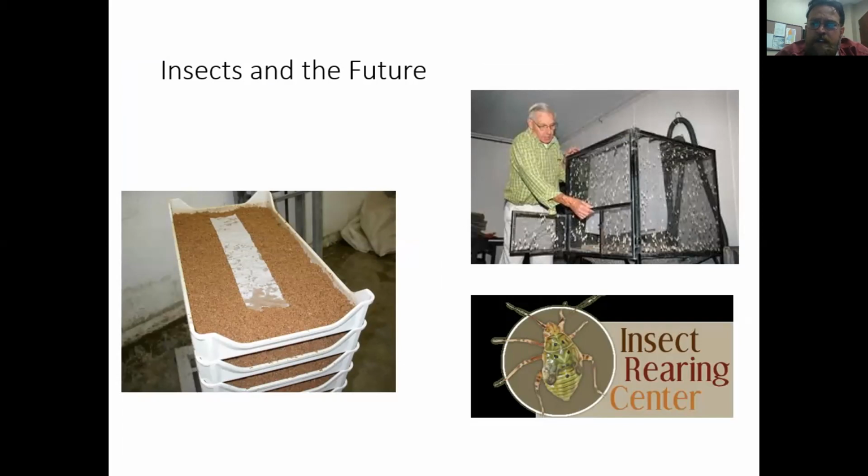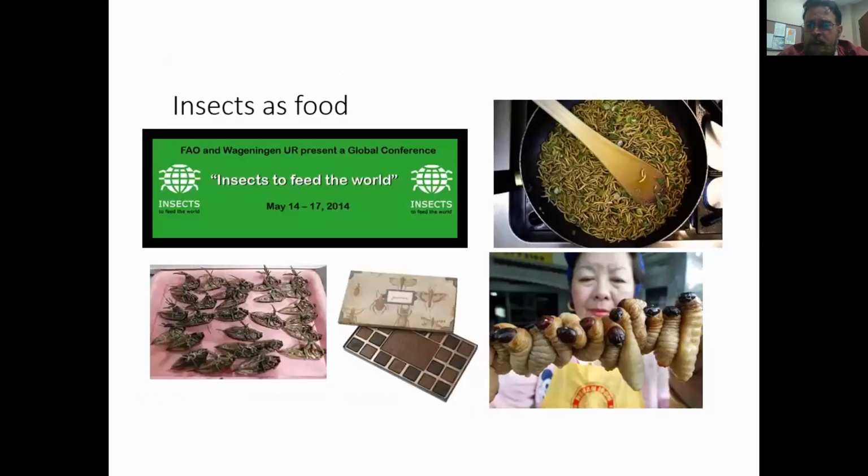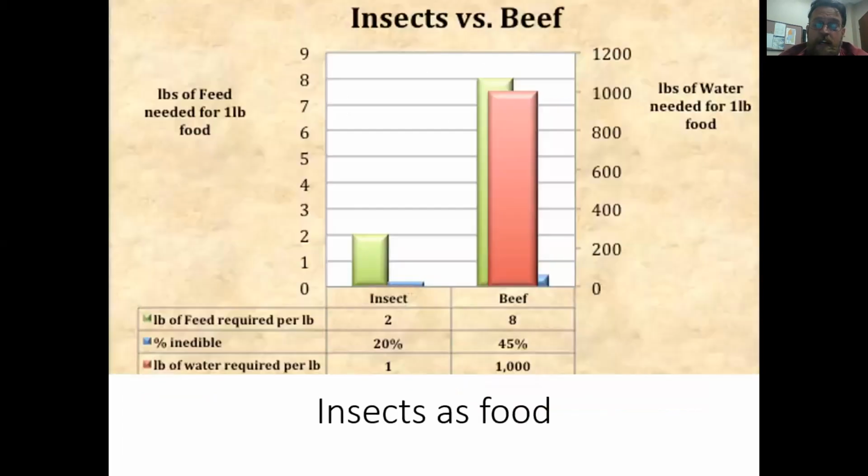And there's a lot of ways that we're going to interact with insects in the future. Of course, MSU has an insect rearing center and runs a rearing workshop every year because insects are potentially a food in a lot of places. Not always for people. And I know here in the West, we are not really attracted to the idea of eating bugs. But in other areas of the world, it's quite common.